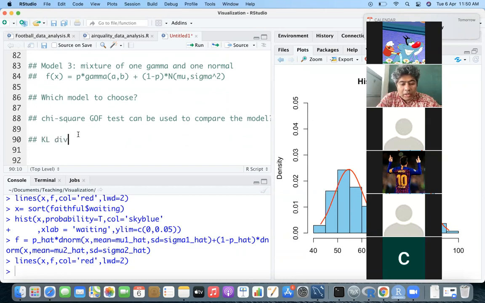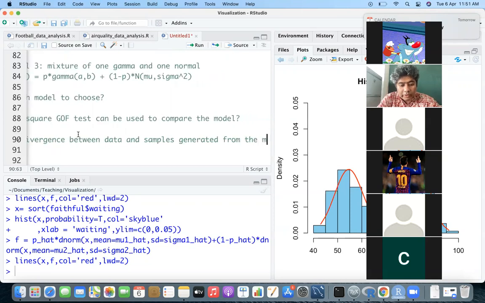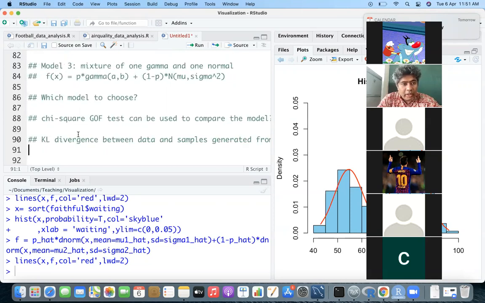KL divergence between data and samples generated from the model. Okay, I'll come to this idea later.